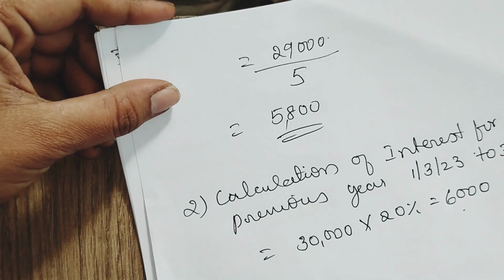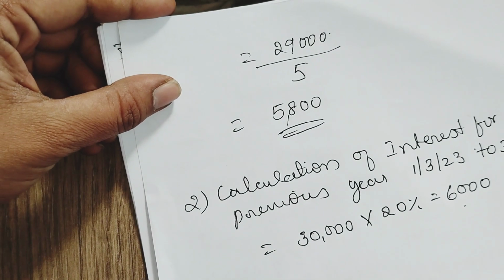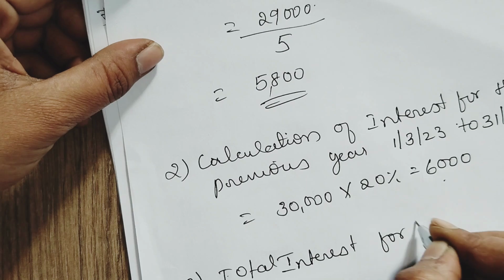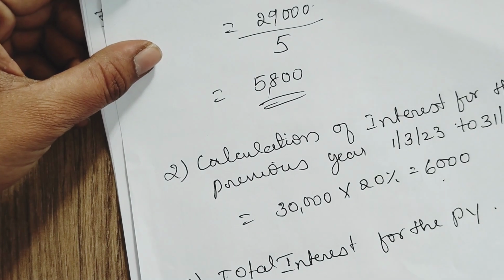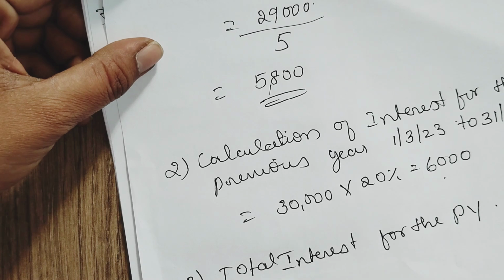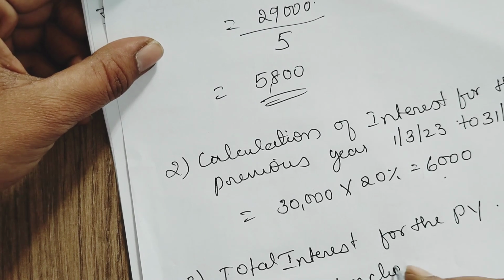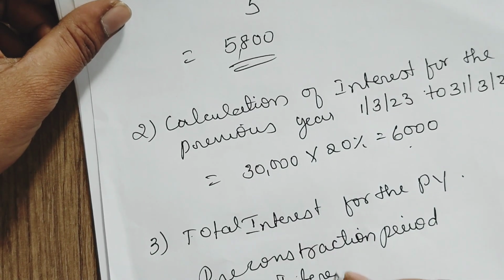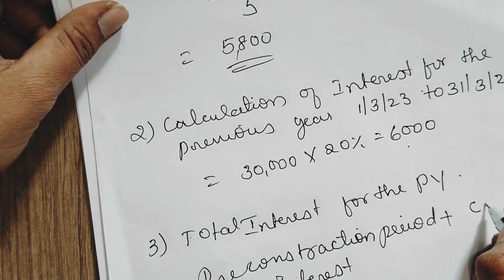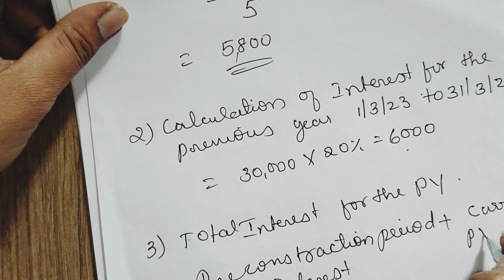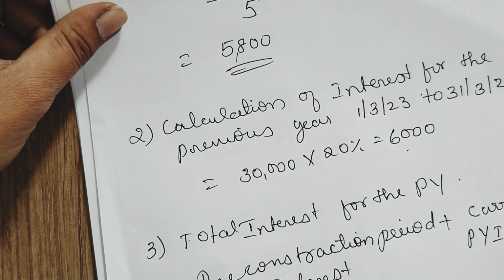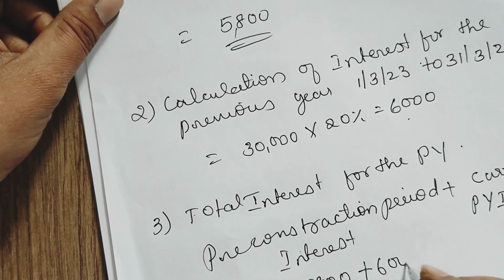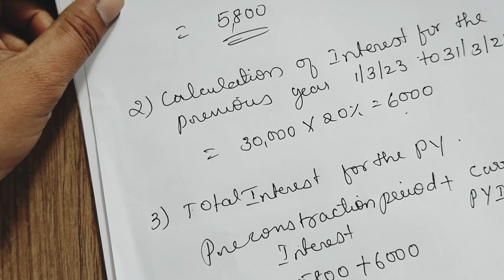Then total interest for the previous year: pre-construction period interest installment 5,800 plus current previous year interest 6,000. Total interest is 11,800.